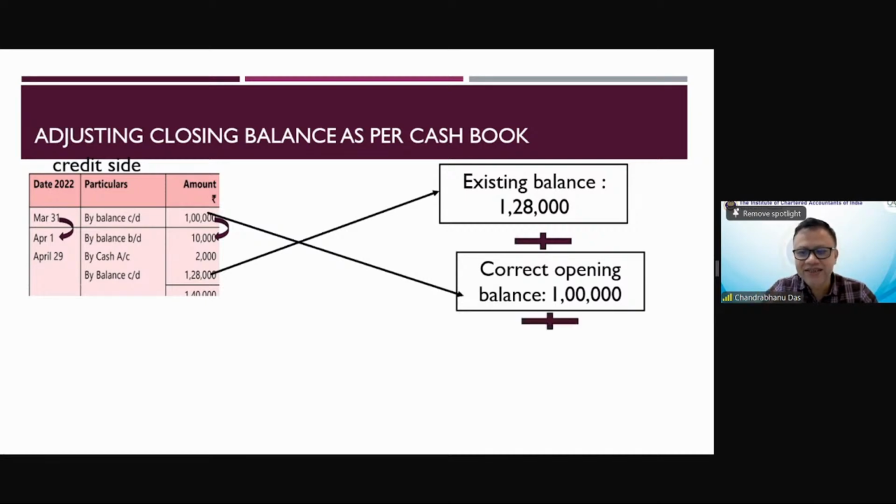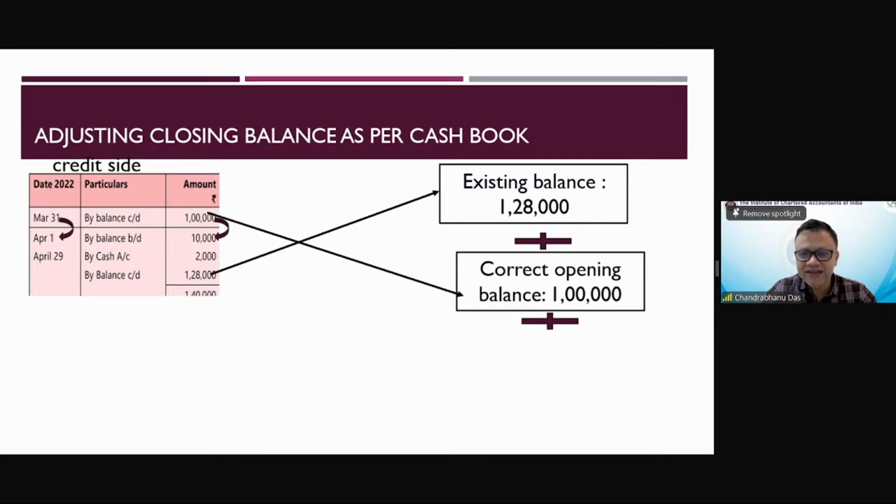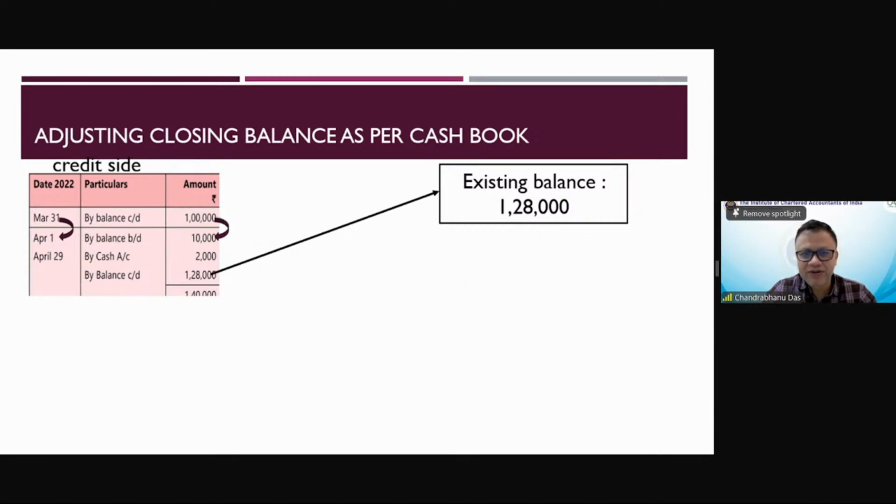Then you also add the incorrect opening balance because it is on the credit side, so plus and minus, debit and credit, get cancelled. I'm showing it again slowly so that you'll be able to understand.